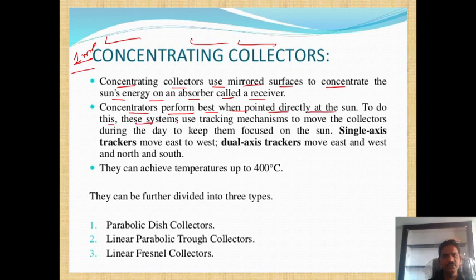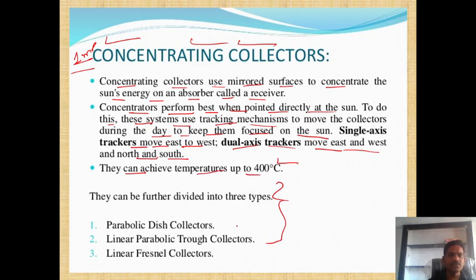To do this, systems use a tracking mechanism to move the collector during the day to keep them focused on the sun. A single axis tracker moves east to west and a dual axis tracker moves from east to west and north to south. They can achieve temperatures up to 400 degrees Celsius.